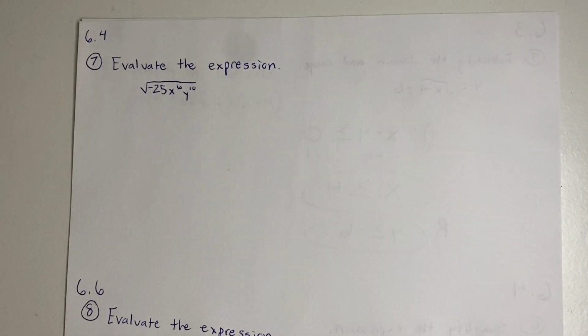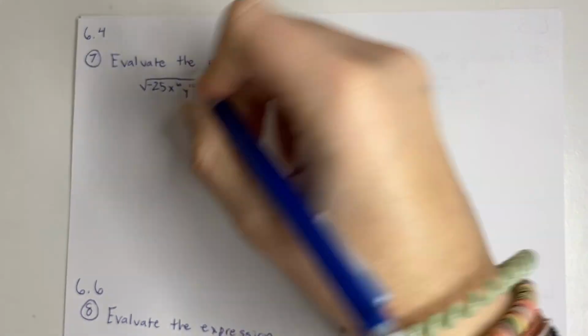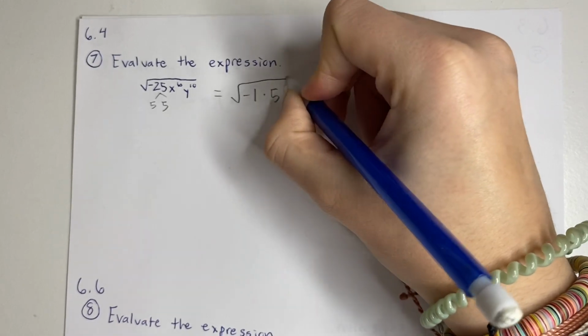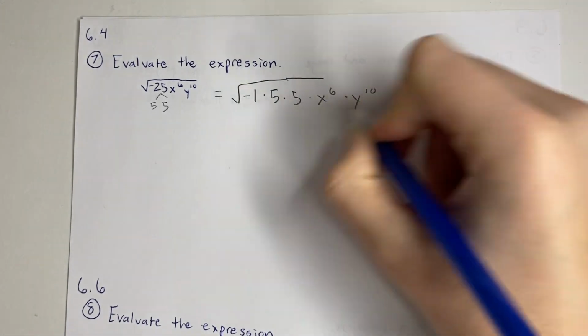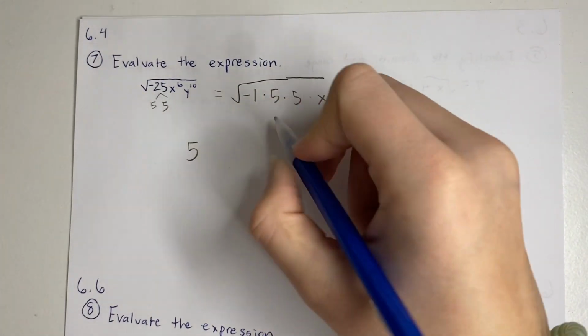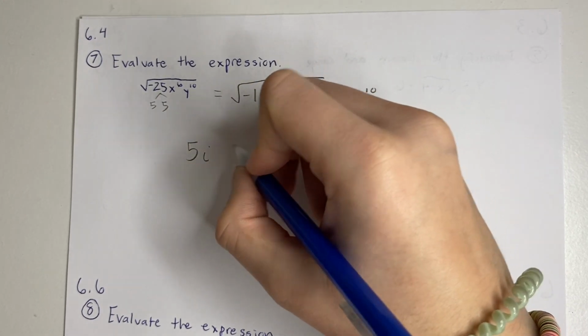Okay, so for our next question of 6.4, it's saying to evaluate the expression square root of negative 25 x to the 6th, y to the 10th. So this is the same thing as negative 1 times, this breaks down into 5 and 5, so times 5 times 5, and then x to the 6th, y to the 10th. I'm not going to write all of those out. So 5, you can take 5 out, and then the square root of negative 1 is the same thing as i, so you can also take that out.